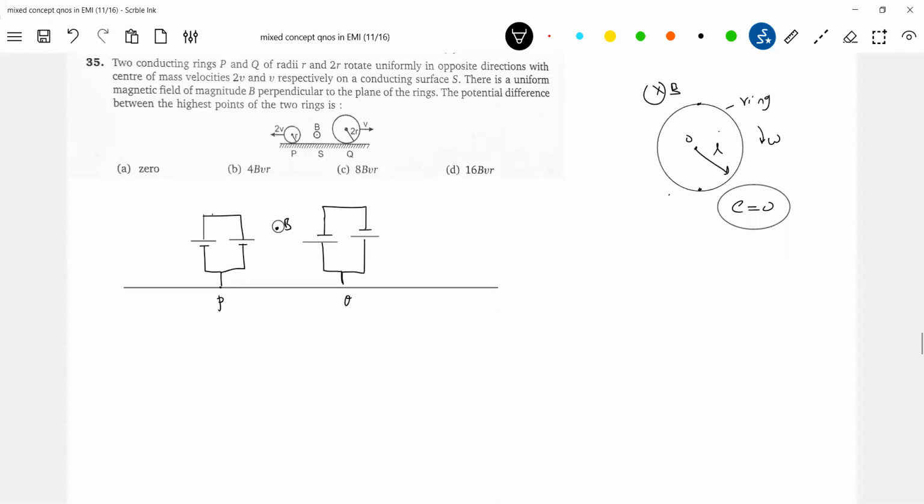What is the length? 2R, no? So this should be BV 2R, and they should be B 2V, 4R. So 2V, B 2V, 2R. Diameter will become 4R. I am replacing this ring with 2 rods, and the EMF in the 2 rods is what I'm showing like this.